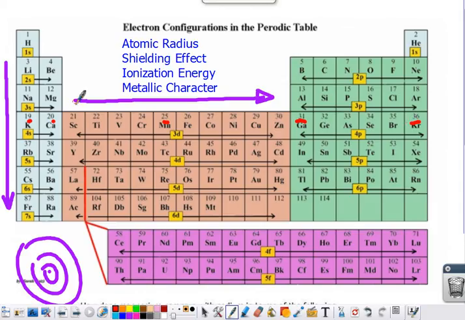As we go across the periodic table, the protons pull that energy level in, and so the atomic radius gets smaller as we progress to the right. So the smallest elements on the periodic table in terms of radius and size are over here, particularly helium. And the biggest element on the periodic table is over here, francium.